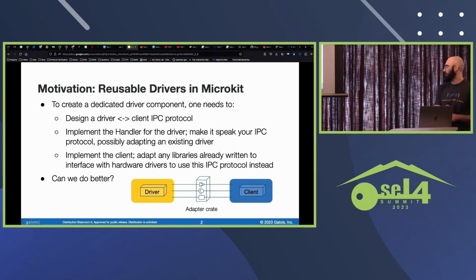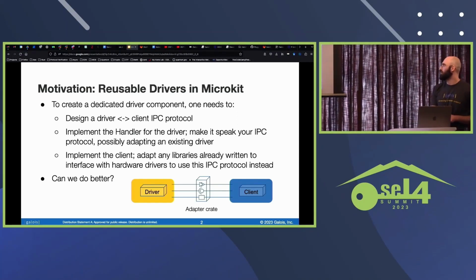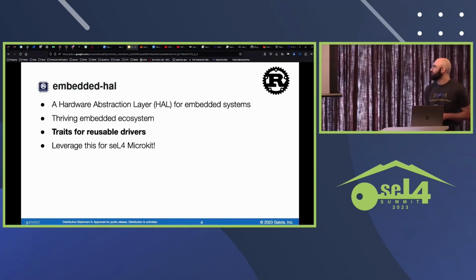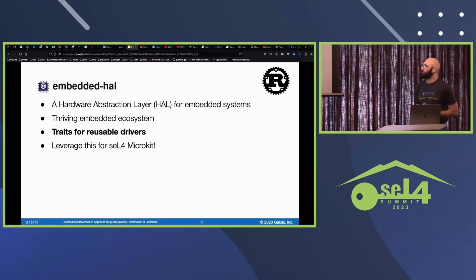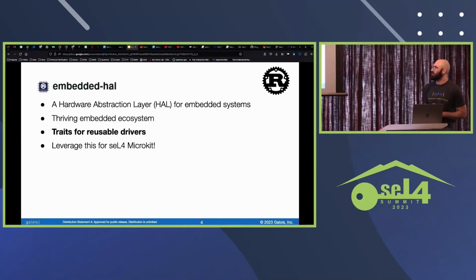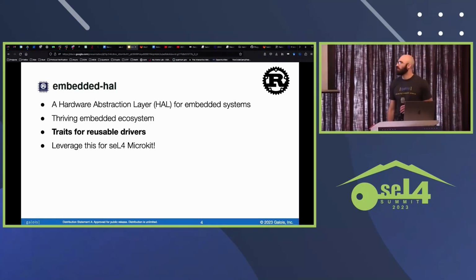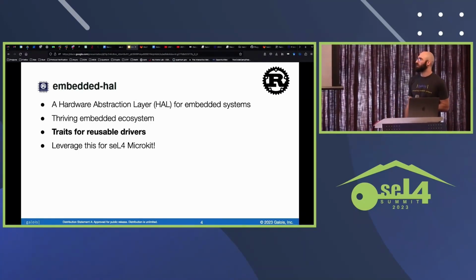So one reasonable thing to ask would be, how is this already done in Rust? And so for many drivers, the answer is this embedded-hal trait. HAL stands for hardware abstraction layer.